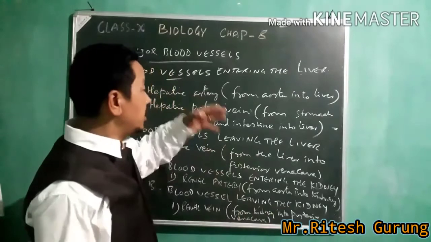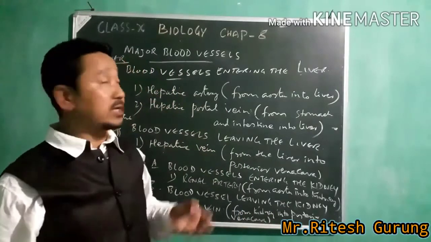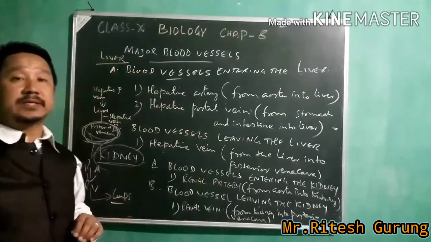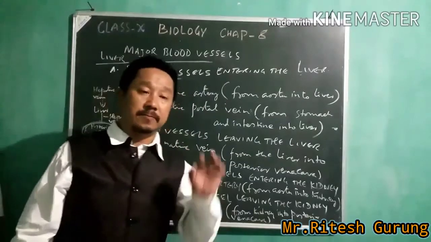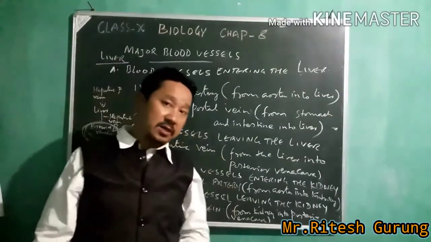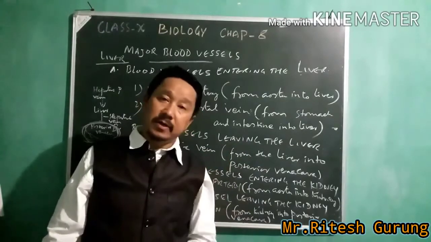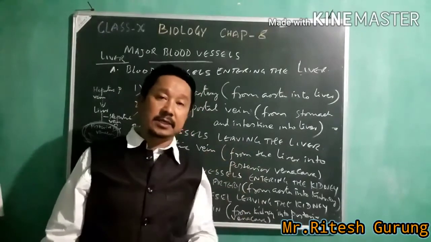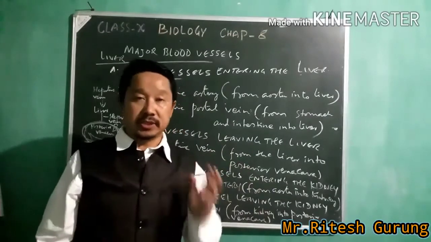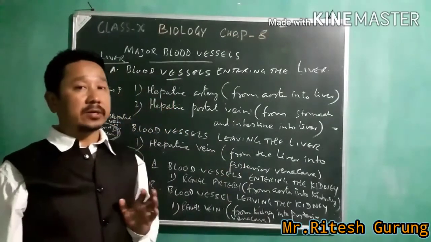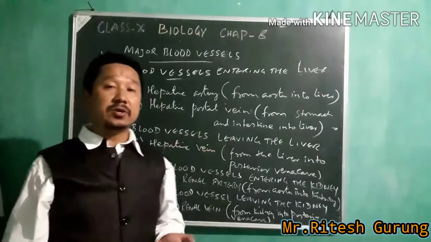This is how it goes on. So these are the major blood vessels entering and leaving the heart, the liver, and the kidney. These are the blood vessels you should know, because they are in your syllabus.